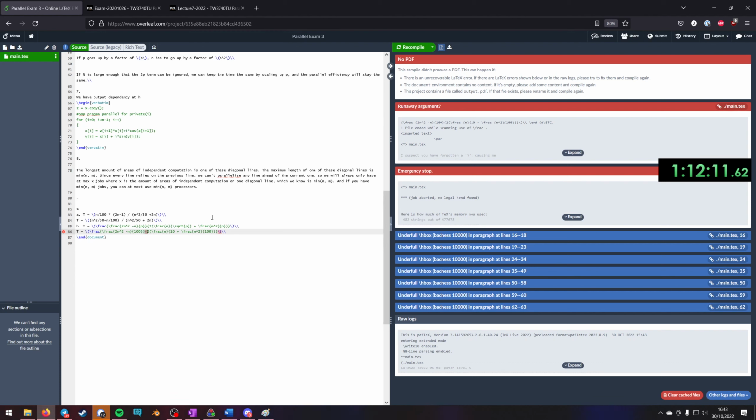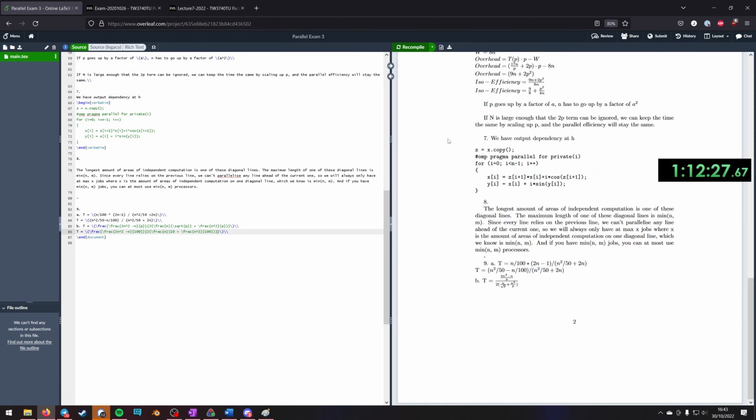This fraction is completed here. We start again. I think I am missing another closing bracket here. Recompile. It seems to be wrong because n over square root of p doesn't end where it should.